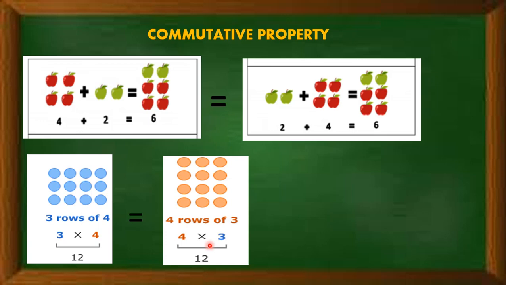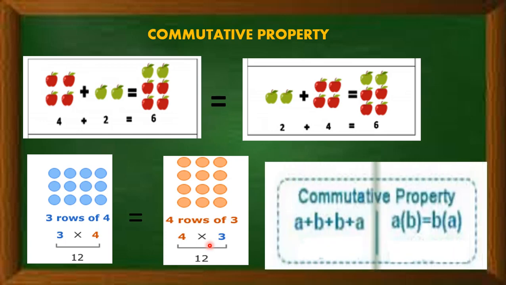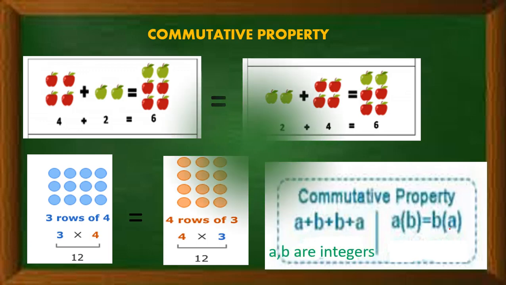So the commutative property says if we have two integers a and b, then a plus b is equal to b plus a, and a into b is equal to b into a, and a and b are integers, of course.